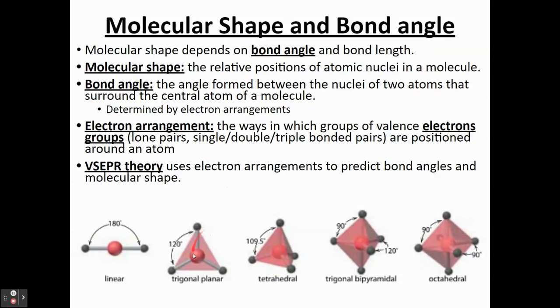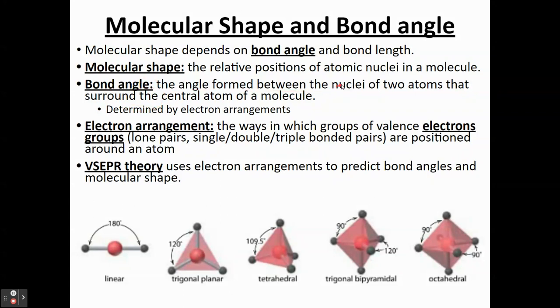And what's very cool is that you can actually measure angles between bonds. So you can measure the angle that forms over here, for example, between the atoms over here and here around the central atom. So this is a 120-degree bond angle. So that's what we call a bond angle.